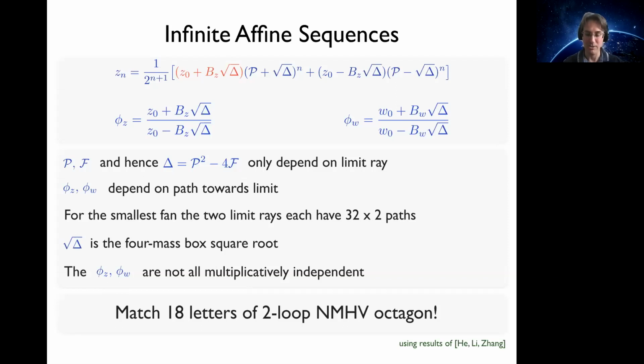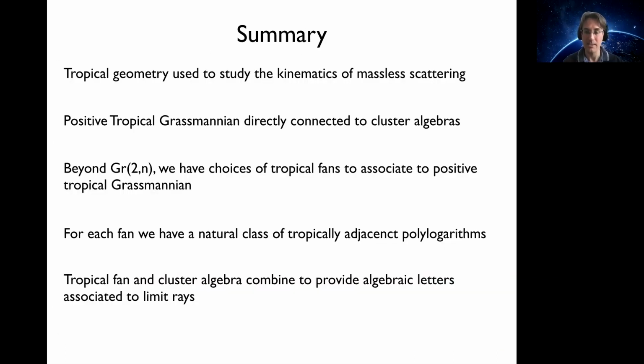The combination of the tropical geometry, choice of fan, and the cluster algebra together allowed us to extract a finite set of singularities and new square root singularities, which are precisely the ones that we want for our scattering amplitudes in the octagon case. And okay, I leave my summary slide here, and I apologize again for my wonderful computer crashing, and let me finish.